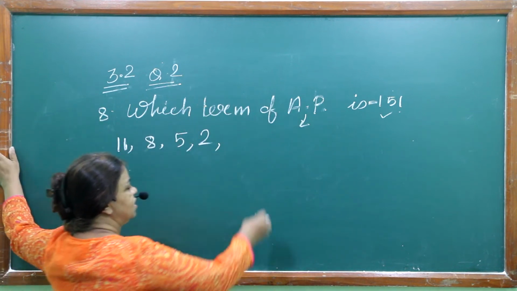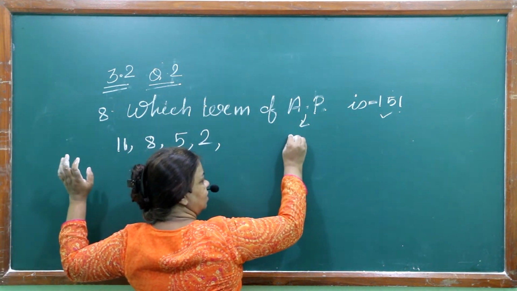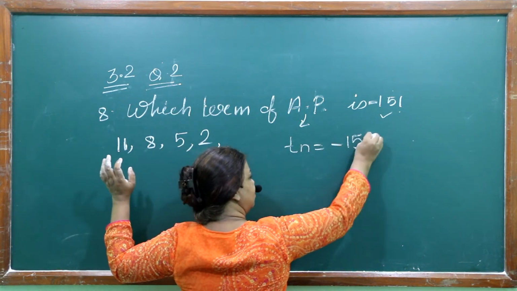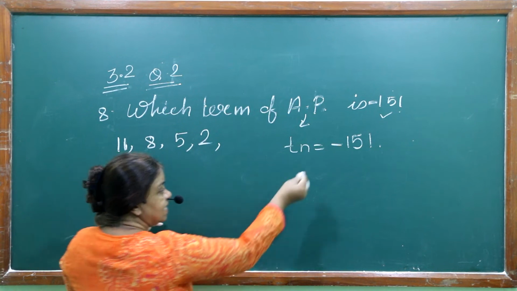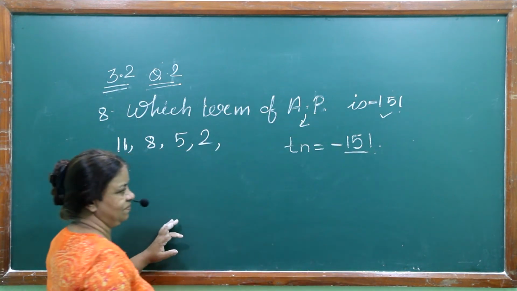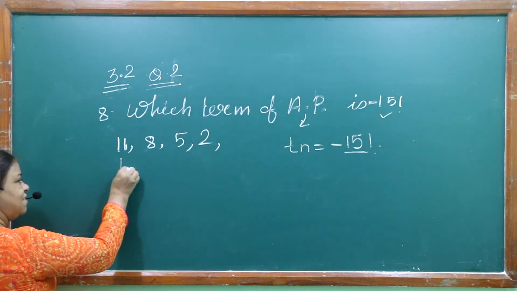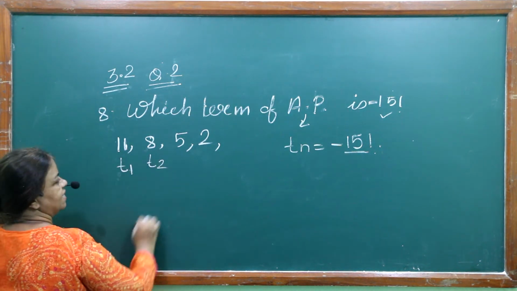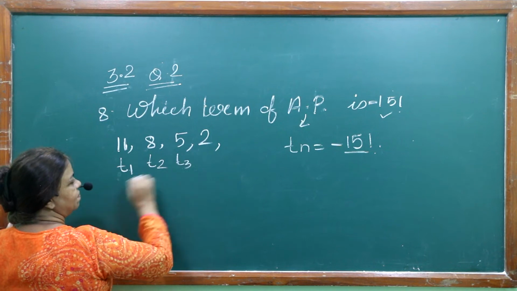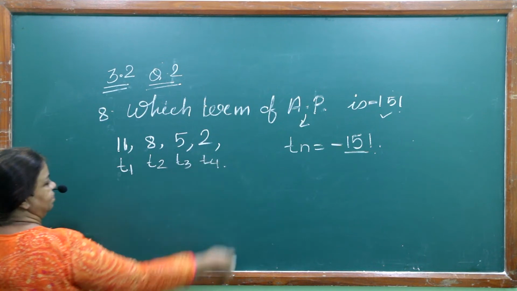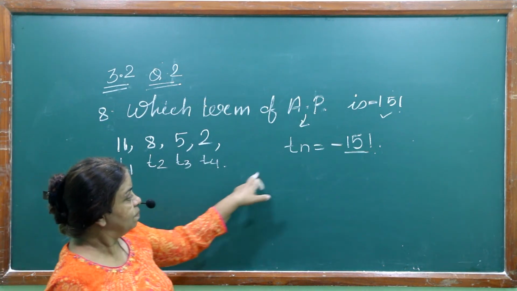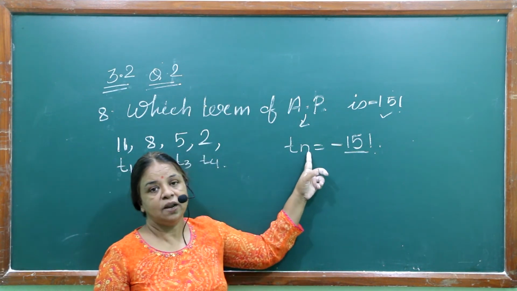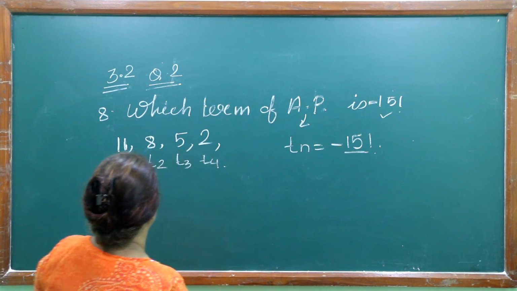So which term? Which term means Tn is given minus 151. So what is the number of this term? We know this is T1, its number is first term, its number is second term, its number is third term, and its number is fourth term. Here it is Tn, but we don't know the number, so we want to find out that number.